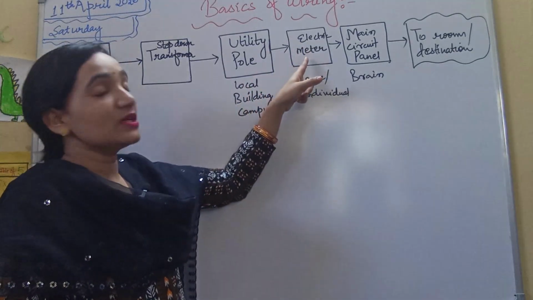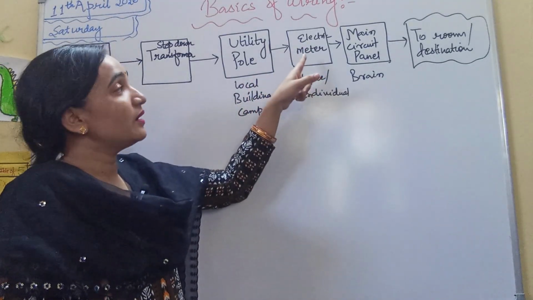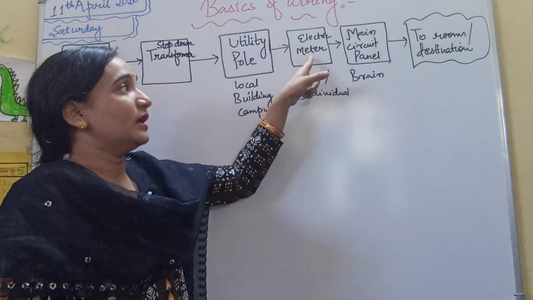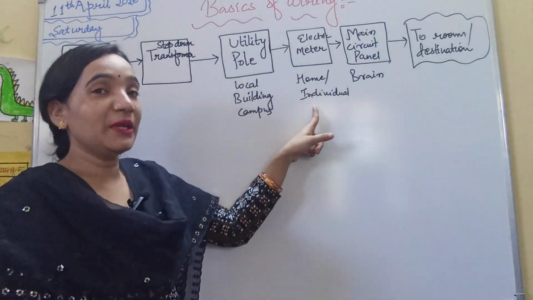From the utility pole, an individual connection goes to each house and enters through the electric meter. So what is the electric meter?